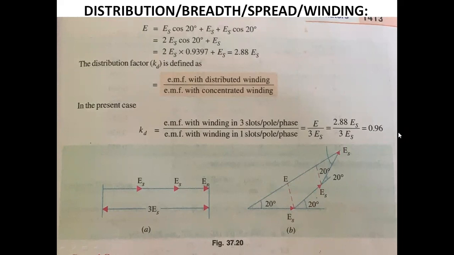For example, if coils 1, 2, 3 belong to the R phase, again there are 9 slots per pole. How many phases? 3 phases. 9 by 3, so 3 slots per pole per phase. So per phase we are getting 3 coils. Suppose coils 1, 2, 3 belong to the R phase.